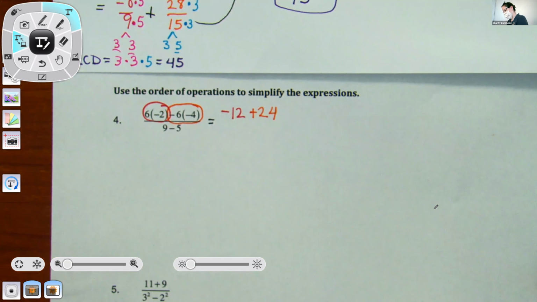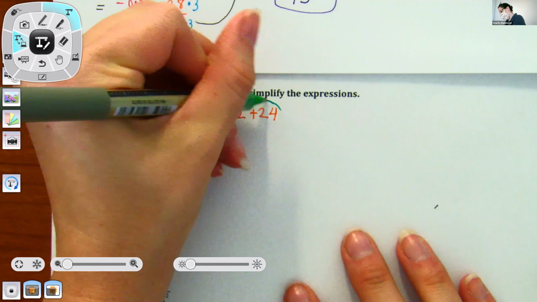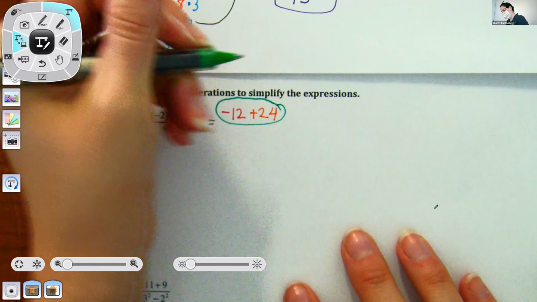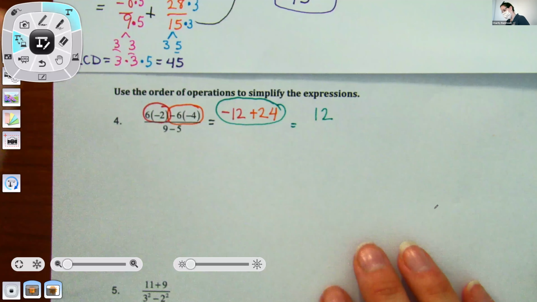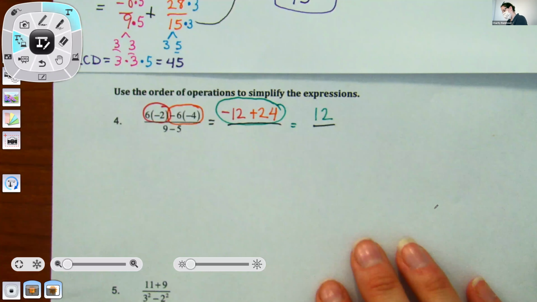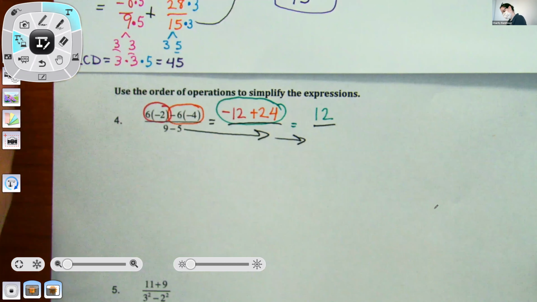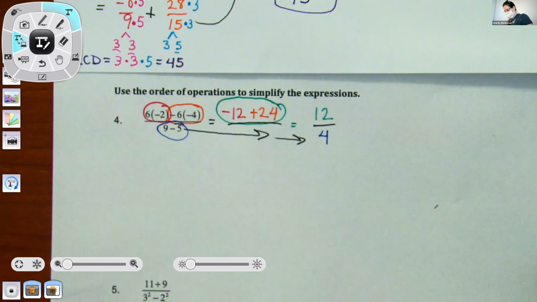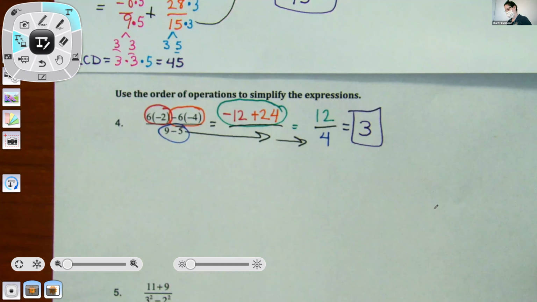And then -12 plus 24 equals +12. And then on the denominator, 9 minus 5 equals 4. Now we just have 12 over 4, which is the same thing as saying 12 divided by 4, so that equals 3.